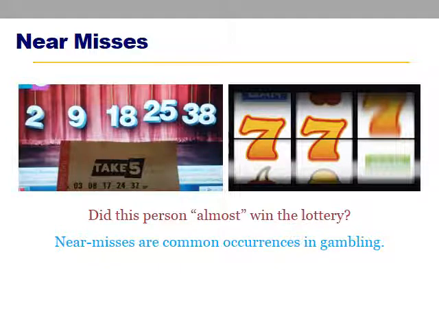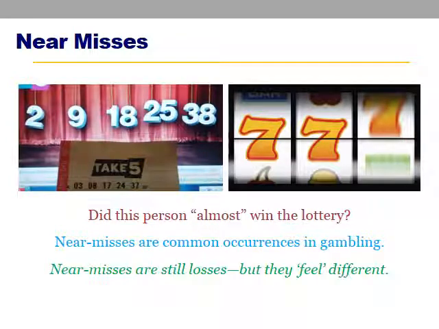The phenomenon of near misses is important because research with adults has shown that near misses feel different psychologically compared to obvious losses. But in actuality, near misses are still losses. The reason this is important is because a near miss, because it feels almost like a win, can encourage people to keep gambling.